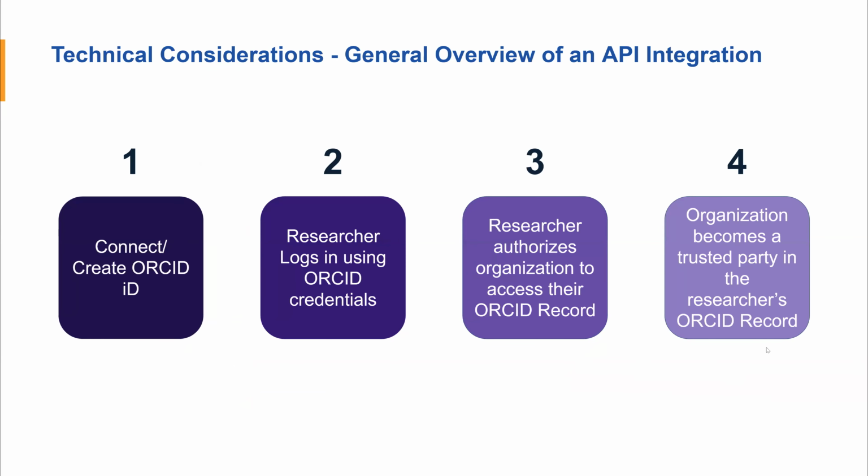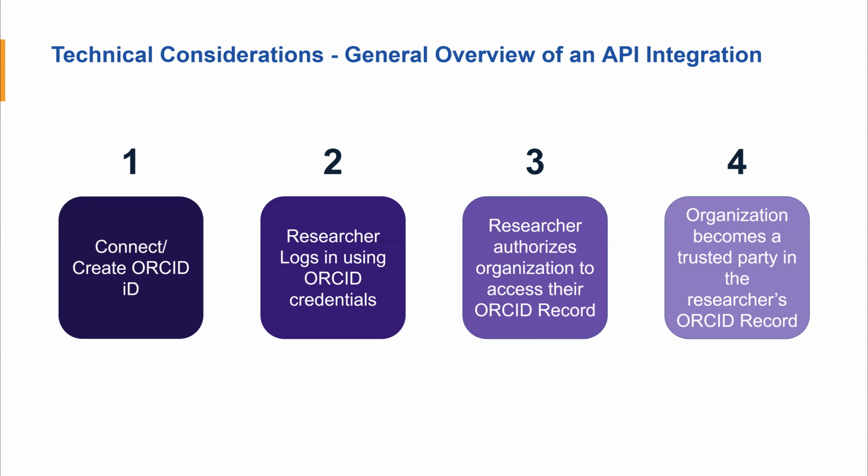At a very basic level, this is how an API integration works in ORCID. This is a very simple, generalized way of what an integration looks like. The first thing is your researchers are able to connect and create an ORCID ID via your system.